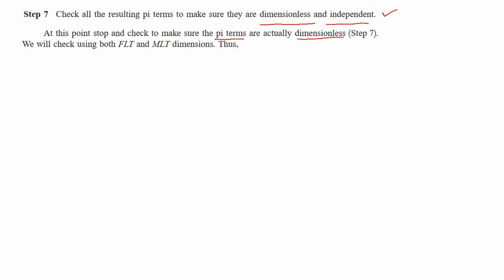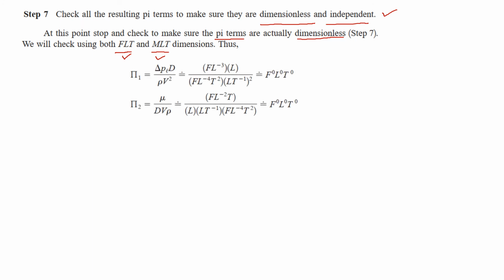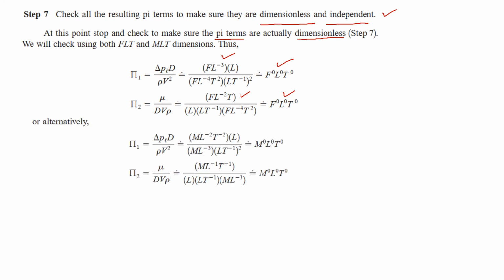We will check using both our reference dimensions, in FLT form and MLT form, and thus we will write our pi1 terms and see whether it is dimensionless or not. If we look at pi1, it actually comes out to be dimensionless, and similarly pi2 will also come out to be dimensionless.